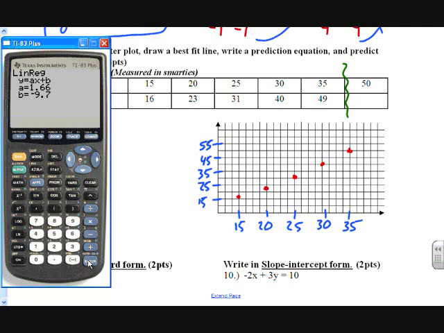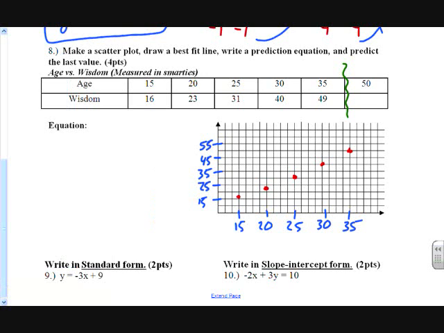And it gives me my equation as y equals ax plus b, which is really mx plus b. So essentially what it's giving me here is the slope of 1.66 and a y-intercept of negative 9.7. So my equation would be y equals the 1.66 x minus the 9.7, if I remember.